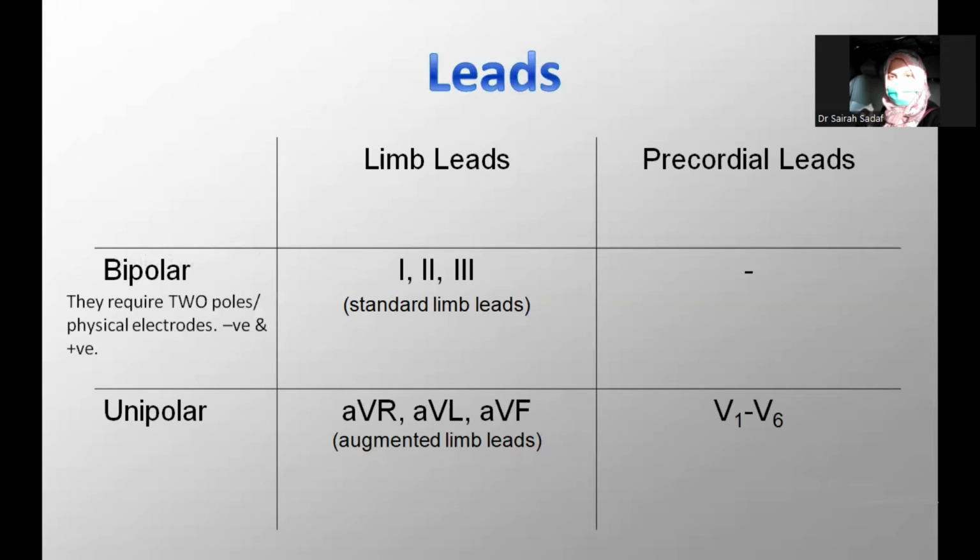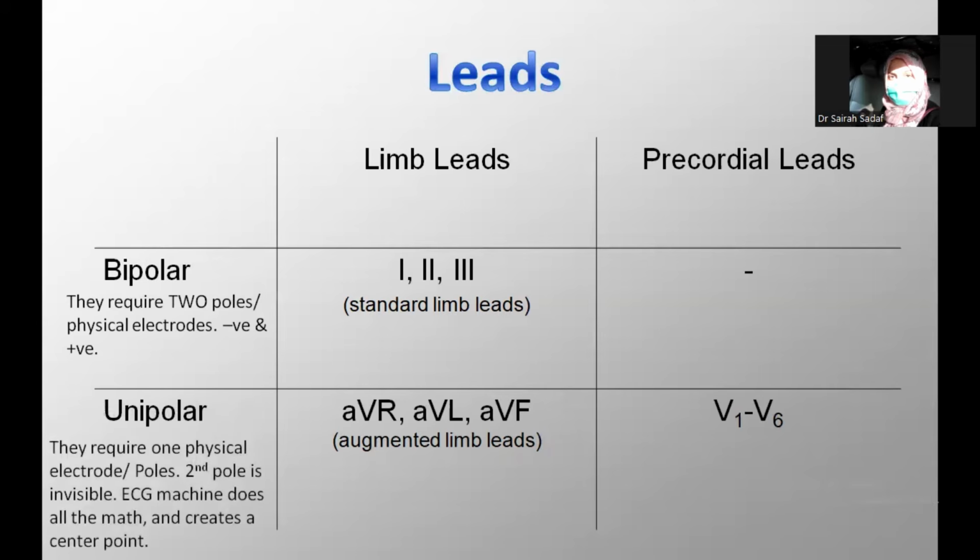For future reference, bipolar leads require 2 poles or 2 physical electrodes, positive and negative, as the name indicates. The unipolar leads require 1 physical electrode, or pole, and the second pole is invisible. The ECG machine does all the math and creates a center point for the comparison, right? So there's no need to go into further detail.